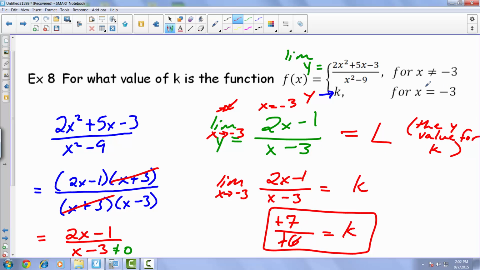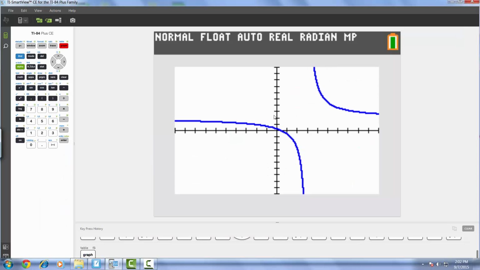So that takes care of that hole at -3. On our graph, you'd have a little dot here that would fill in that value, because it's just a y value, 7/6, specifically at x equals -3. So it would actually be a point here, thus making it continuous at -3.